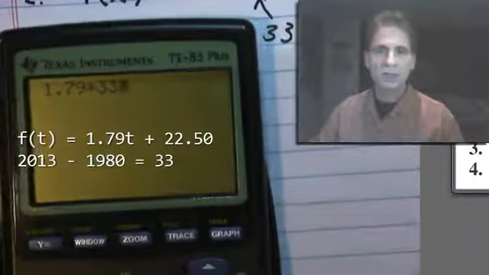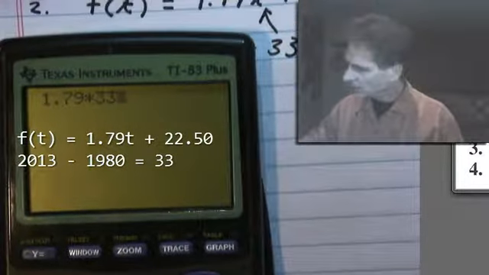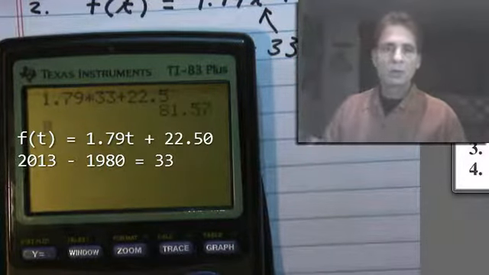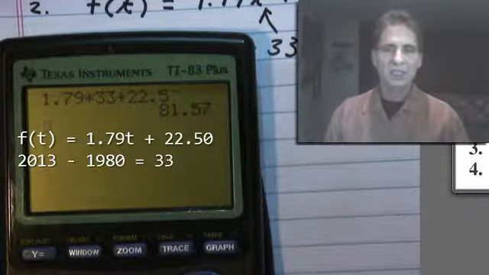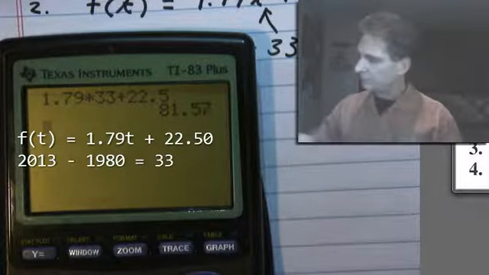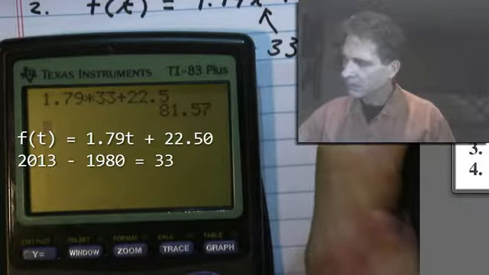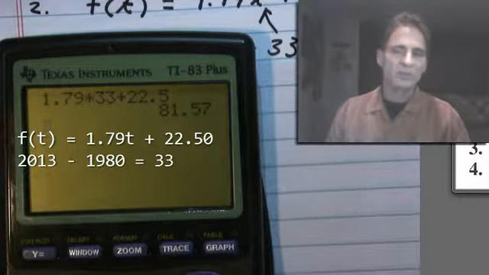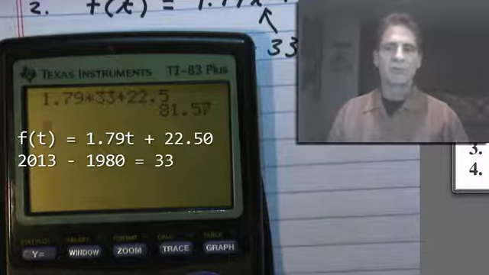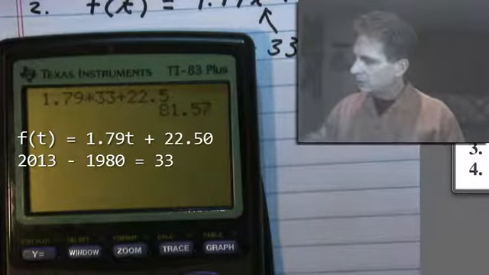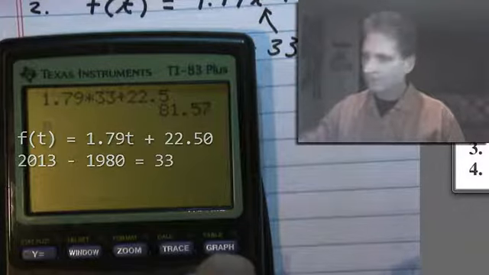As you can see, we're plugging 33 in for the t, plus 22.5. And we would get that the salary in that year would be 81.57. And I believe that was in thousands of dollars, so it would be $81,570.